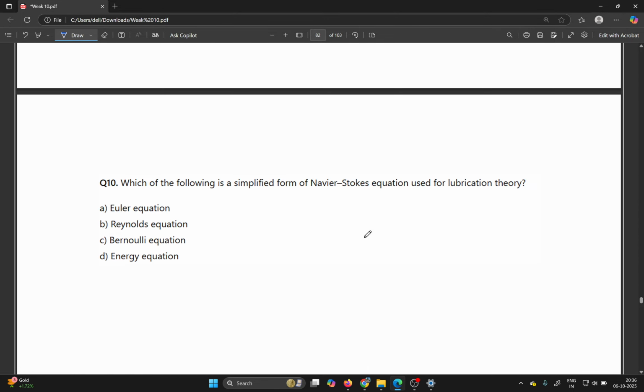Next question. Which of the following is a simplified form of the Navier-Stokes equation used in lubrication theory? Here is a new theory that we have not generally discussed, the lubrication theory.